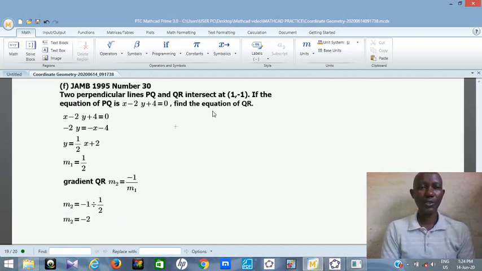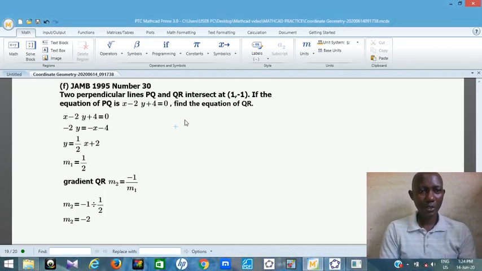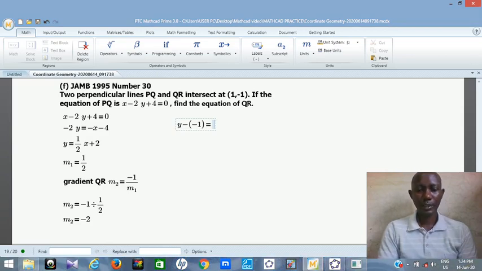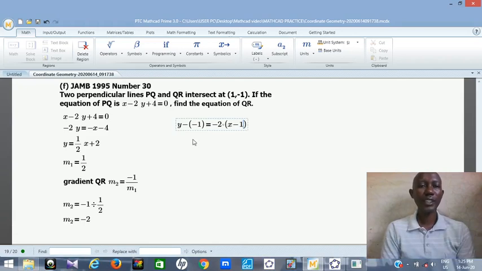So now that the gradient is known, I can get the equation of QR. Since both of them meet at this point, that means QR also passes through 1 and minus 1. So I need to use my equation, which is y minus y1. So y1 is minus 1, equals m, which is my gradient, minus 2, then x minus x1, which is 1. You open the bracket and put the equation in the general form.